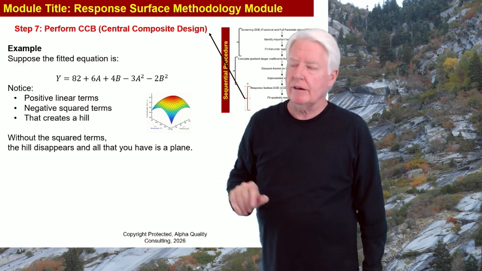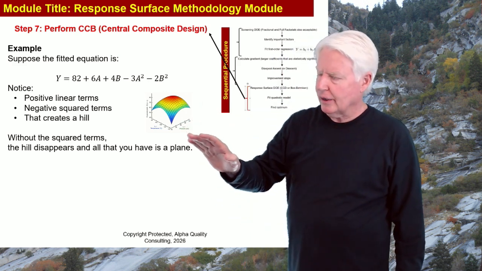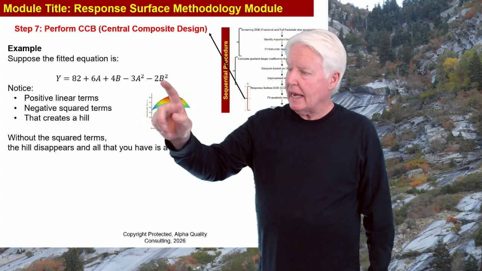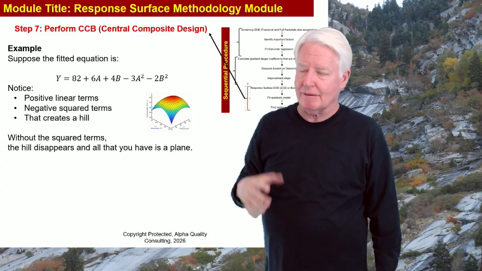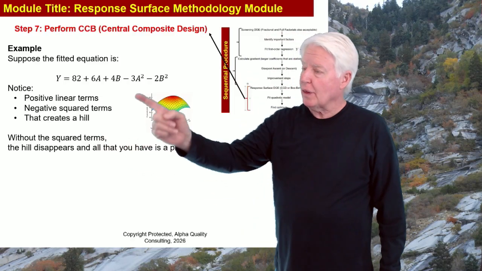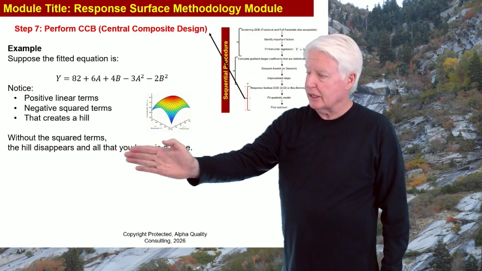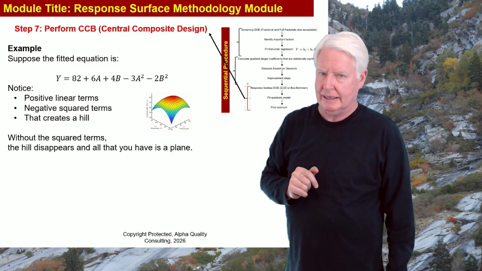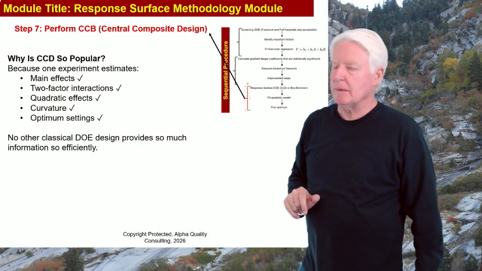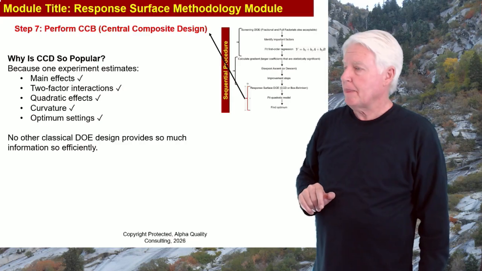Now, in a few slides down, I'm going to show you what a positive-negative and a negative-positive look like, and I'll show you all those. Remember, without the squared terms, the hill disappears and all you have is a plane. I know we've mentioned that before, but I just wanted to remind you of it one more time.